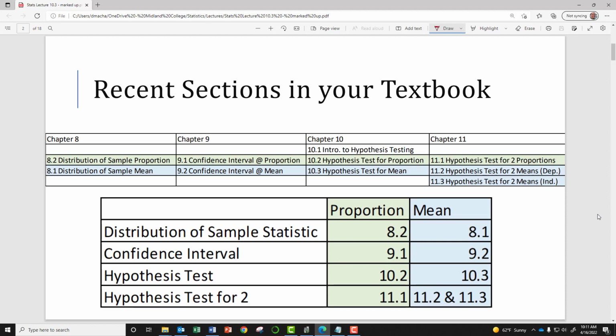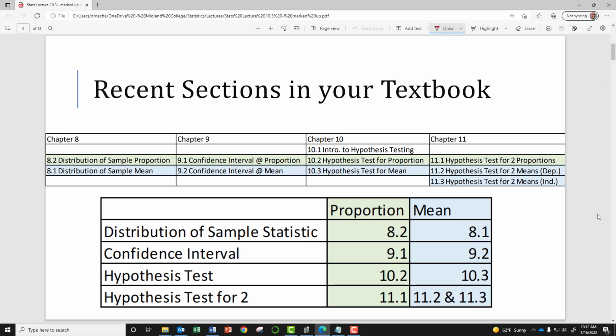And in chapter 11, we'll be learning how to build a hypothesis test for two sample proportions and how to build a hypothesis test about two population means.